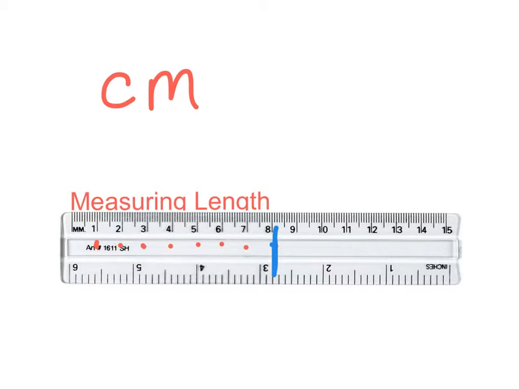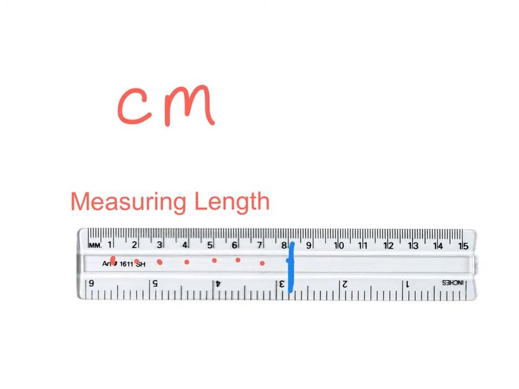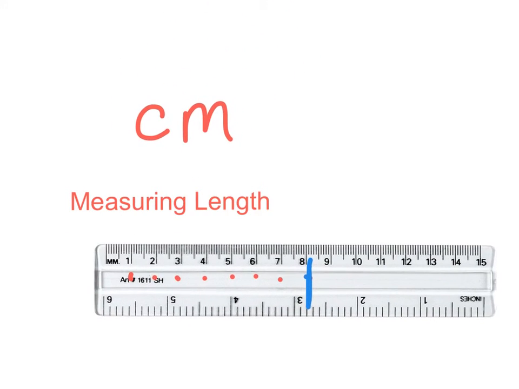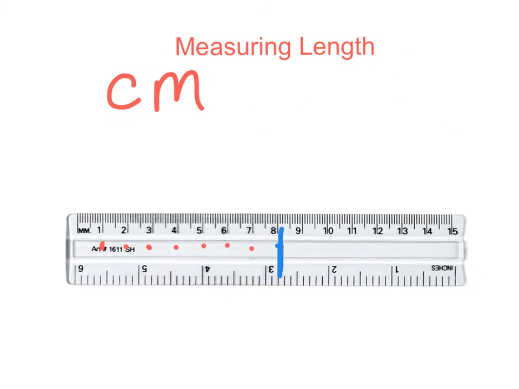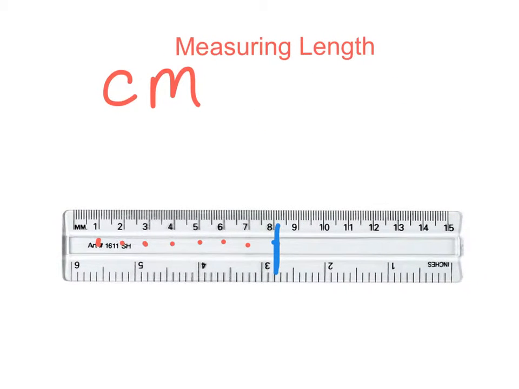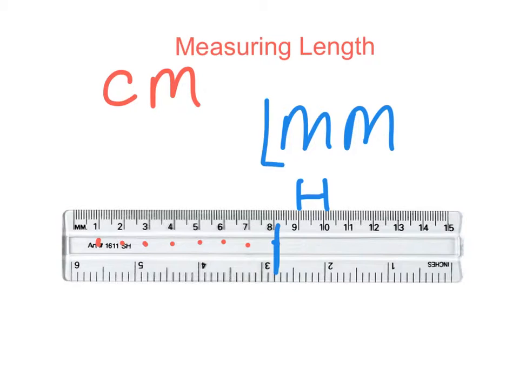Well, what's in between centimeters, you might be wondering? In between centimeters, you have millimeters. Millimeters are these little lines in between, like the 9 and the 10. You're going to see 10 little lines. And those are millimeters. Millimeters are really small. You might use millimeters if you're measuring the width of your pinky or how long a ladybug is.